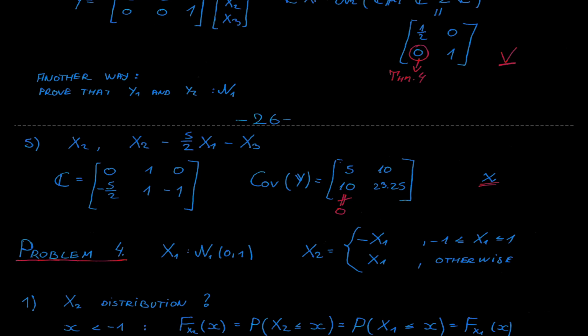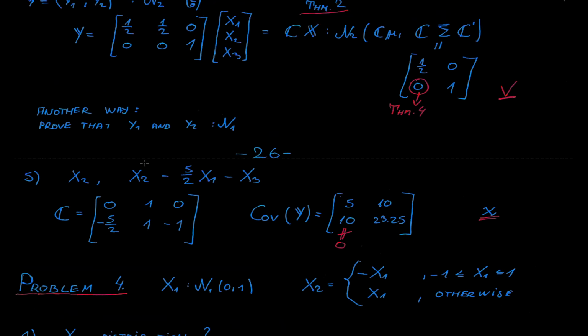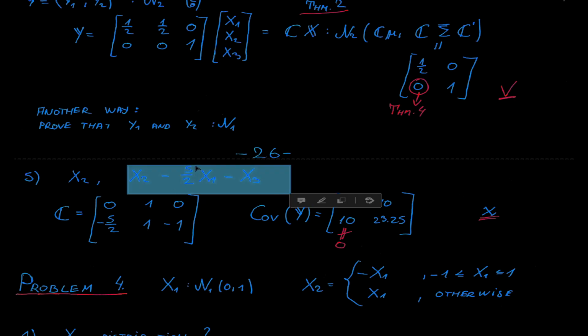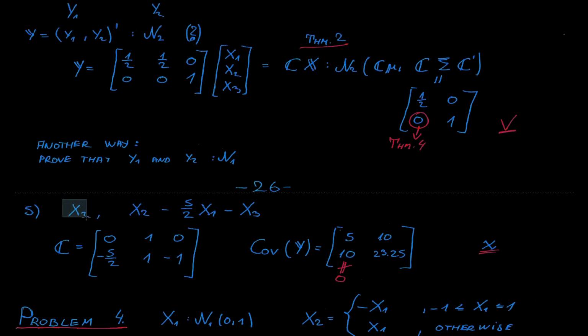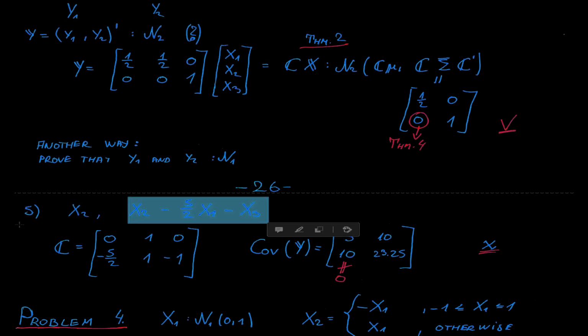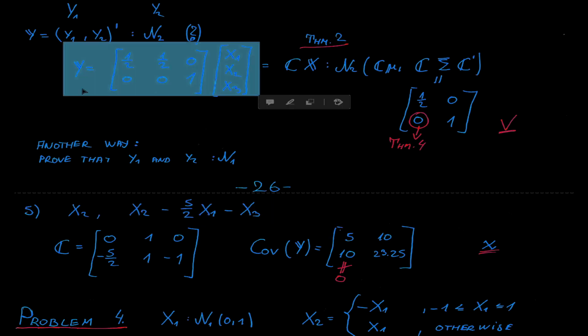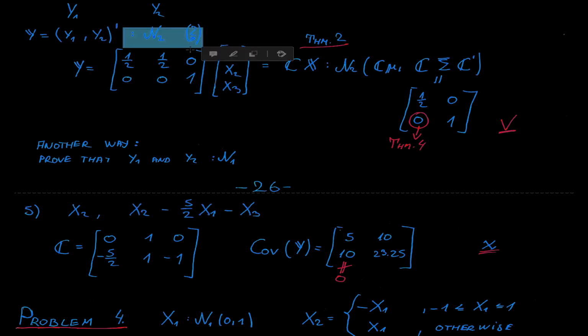Let's have another combination just to see how it works. So we have on the one side x2 and on the other side x2 minus 5/2 x1 minus x3. Okay, so first we need to prove that y1, y2, same as in this case, have a bivariate normal distribution.